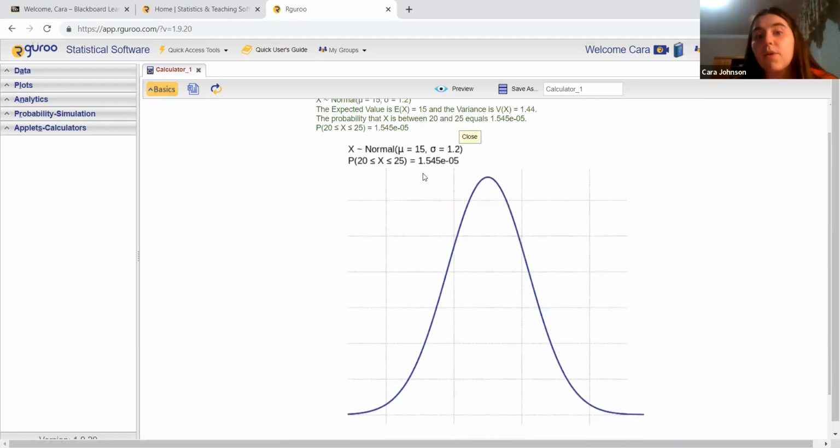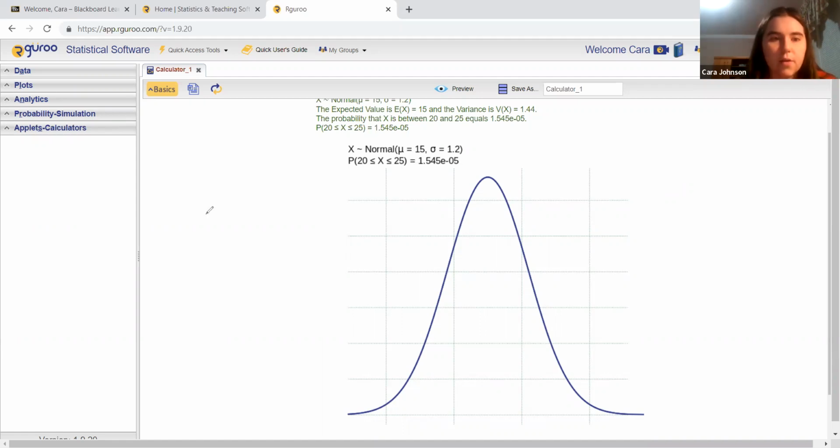So this means 1.545 times 10 to the negative 5, which is 0.00001545. Let me write it on my screen here.